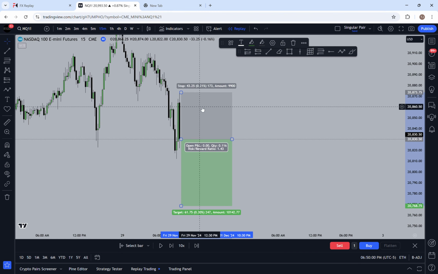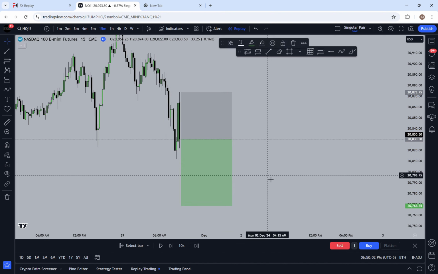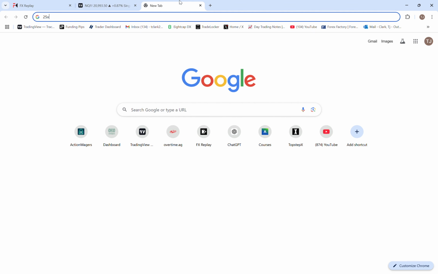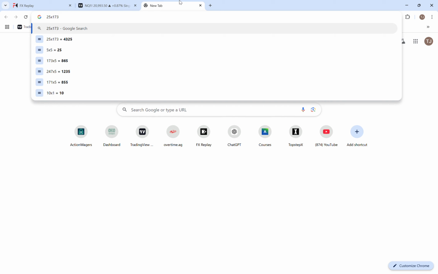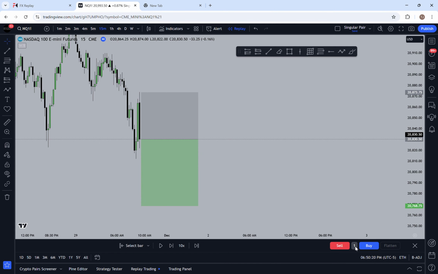In this case, it'd be 173, right? So 173 times 25 is the amount of money you would be risking on this trade. So you're risking 5 contracts, and if you lose, you would lose $4,325, right?